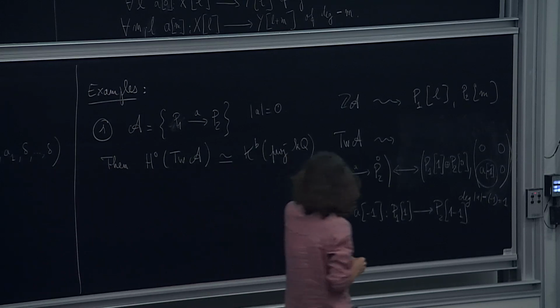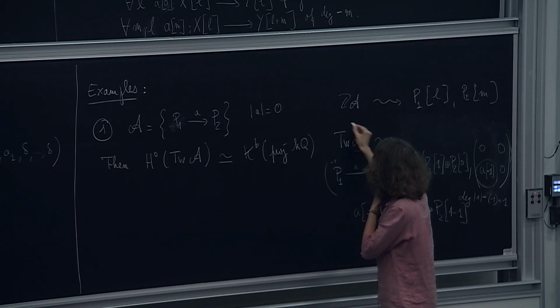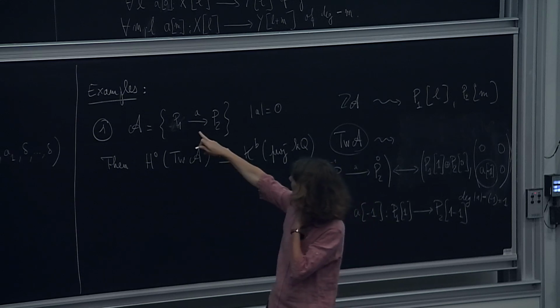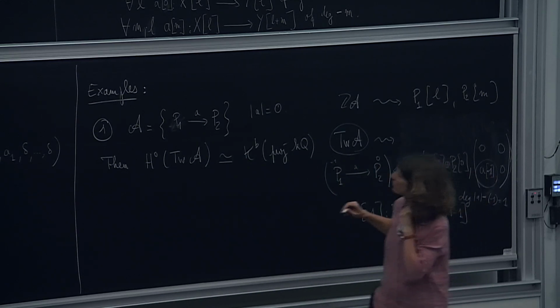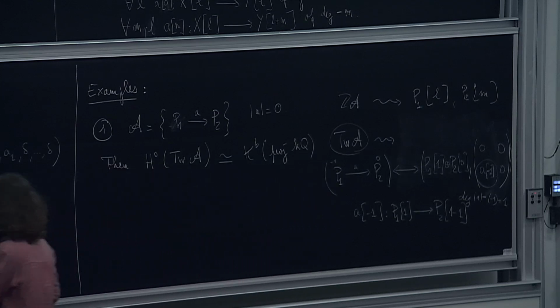And in fact, when you compute this twist A, since I don't have any higher multiplication, I just have maybe some mu2, but that's all. I don't have mu1, I just have a mu2.